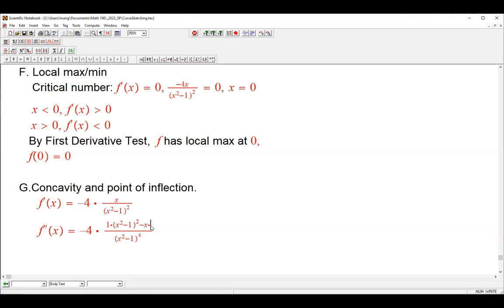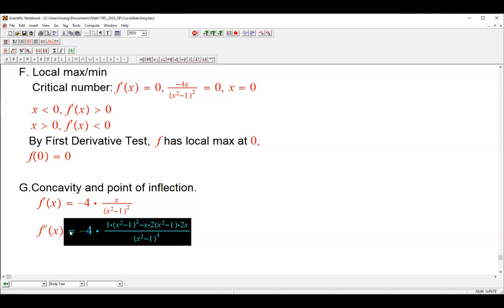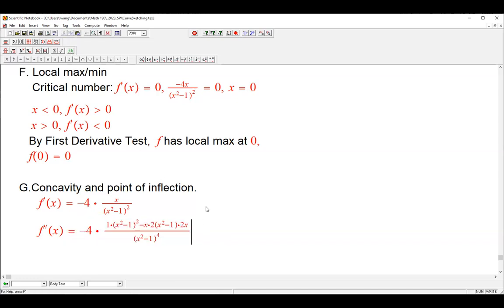We're going to use the chain rule, so that's going to be 2 times x squared minus 1, and then we differentiate x squared minus 1. That's going to be 2x. Chain rule.